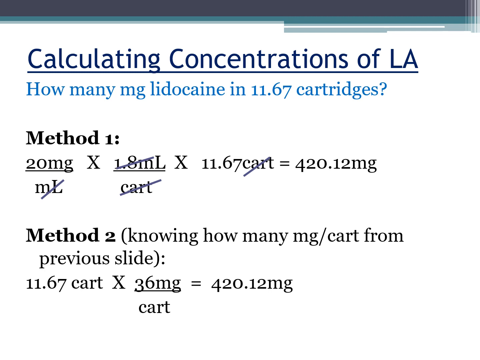An alternative way is method two. You know how many milligrams per cartridge from the previous slide, so you multiply 11.67 cartridges by 36 milligrams per cartridge, and you will get 420.12 milligrams.